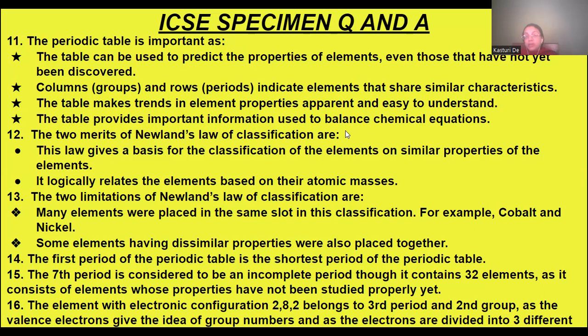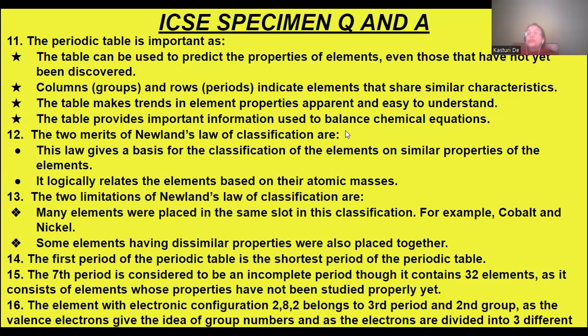Then columns, that is the groups, and rows, that is the periods, indicate the elements that share similar characteristics, because the elements of the same group or same period share similar characteristics. Then the table makes trends in element properties apparent and easy to understand. We can easily understand the properties from the table.